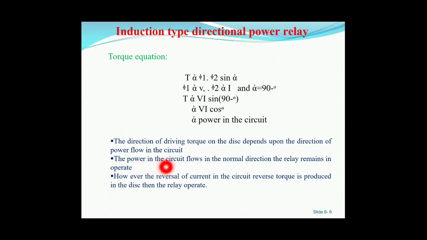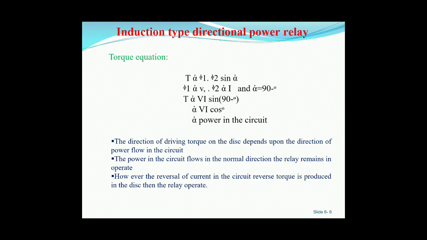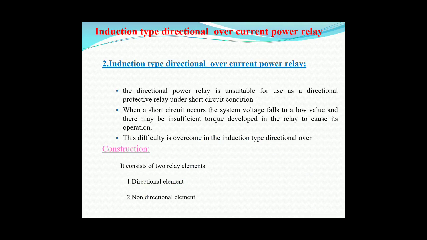Under normal operating conditions, the relay does not operate. However, the reversal of the current in the circuit reverses the torque produced in the disc. Then only the relay will operate.